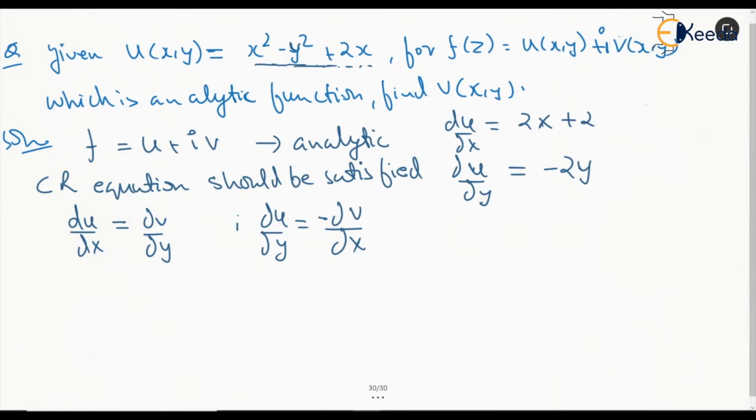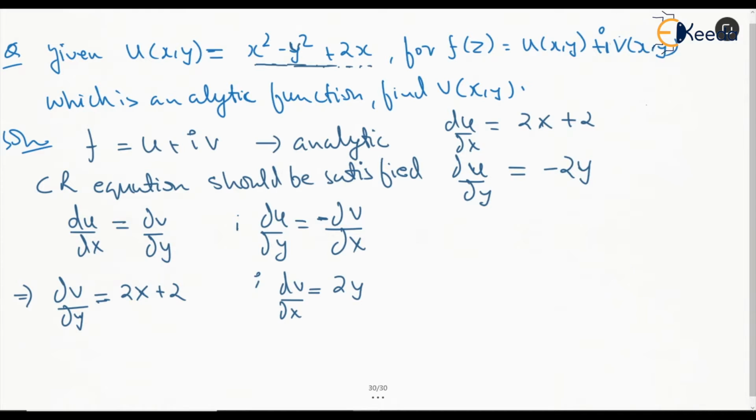In that case dv by dy is going to be du by dx, which is 2x plus 2. Also dv by dx, now this minus can be removed by multiplying it on the other side, will become minus of minus 2y, which becomes 2y.